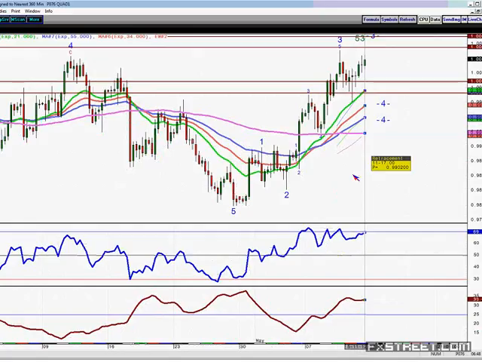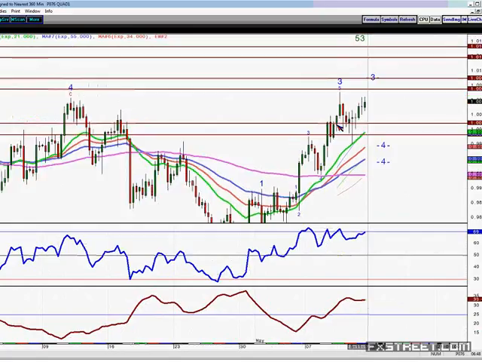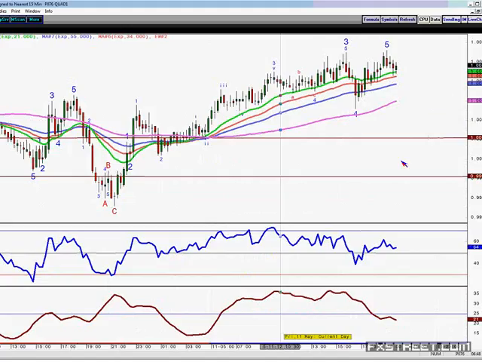Let me zoom in. The 6-hour chart is also moving up, so I don't see the reason why not.